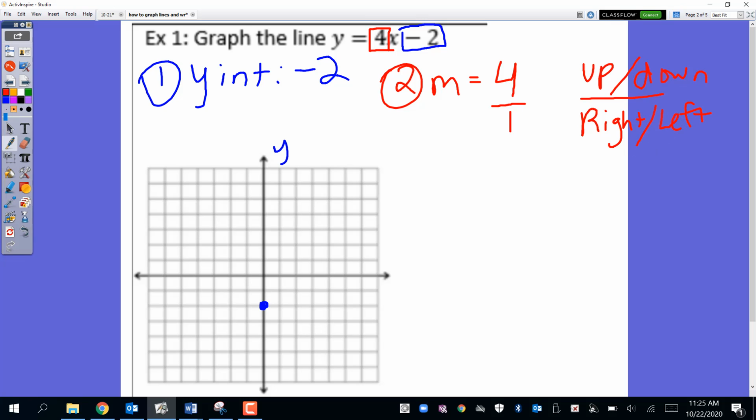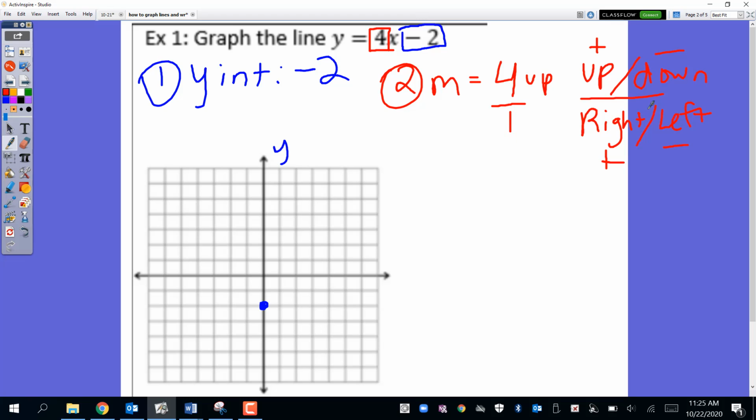So it depends if your number is positive or negative. If your top number is positive, that means you're moving up. Down is negative. On the bottom, if your number is positive, that means to the right, and negative would be to the left. So in mine, my top number is +4, so that means I should be moving up 4.